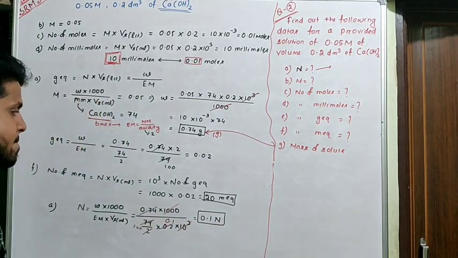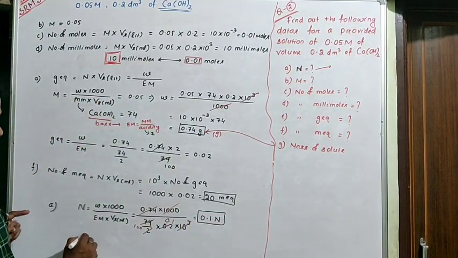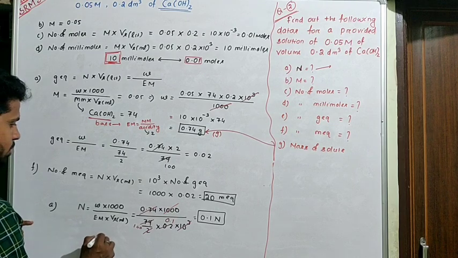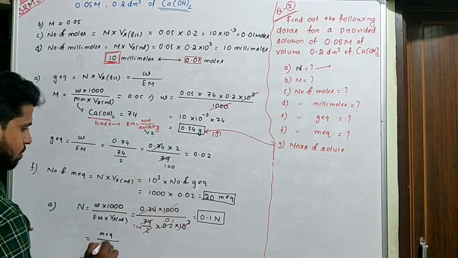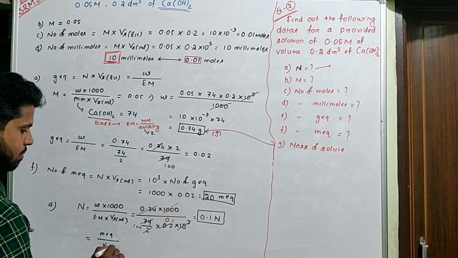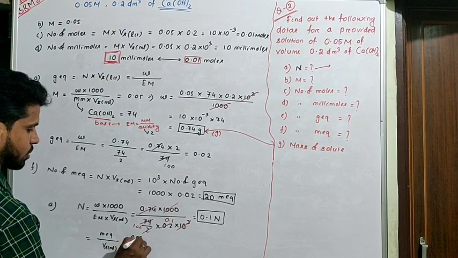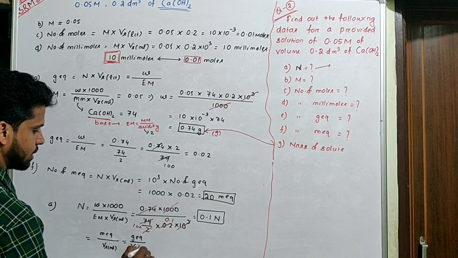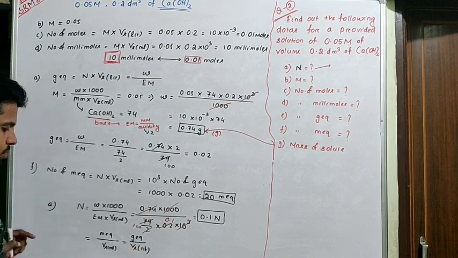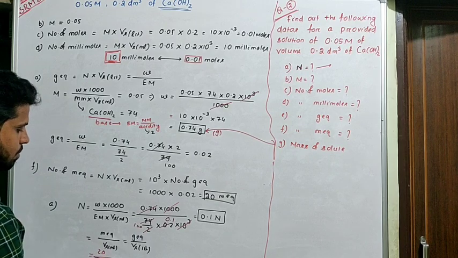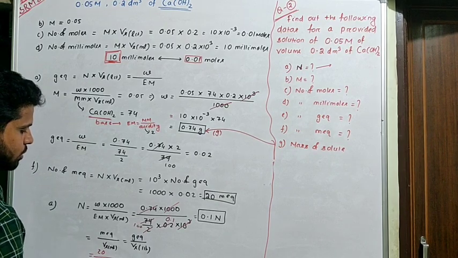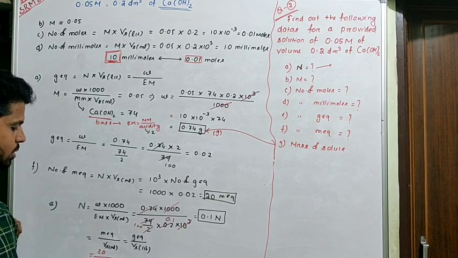Or in another way, it is equal to the number of milliequivalents by Vs ml, or the number of gram equivalents by Vs liter. Milliequivalents is 20 by 0.2 into 10 to the power 3. So the same answer.